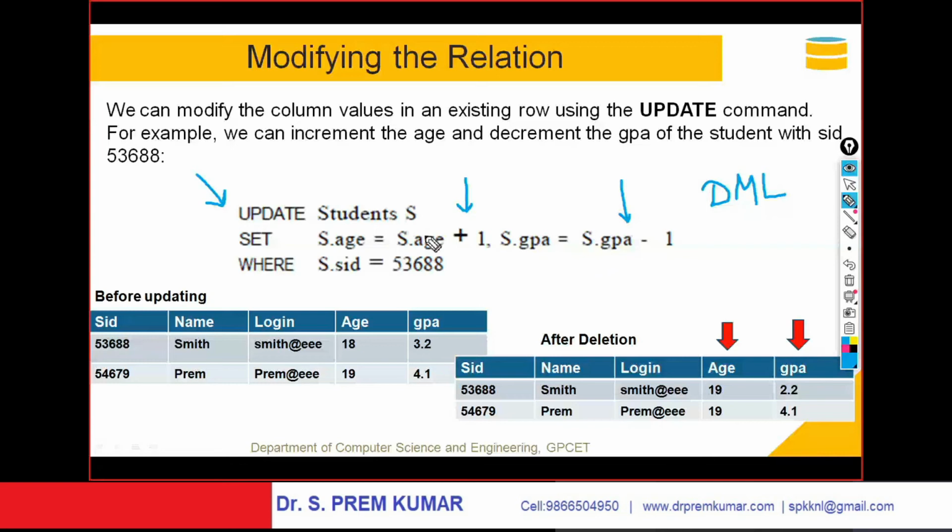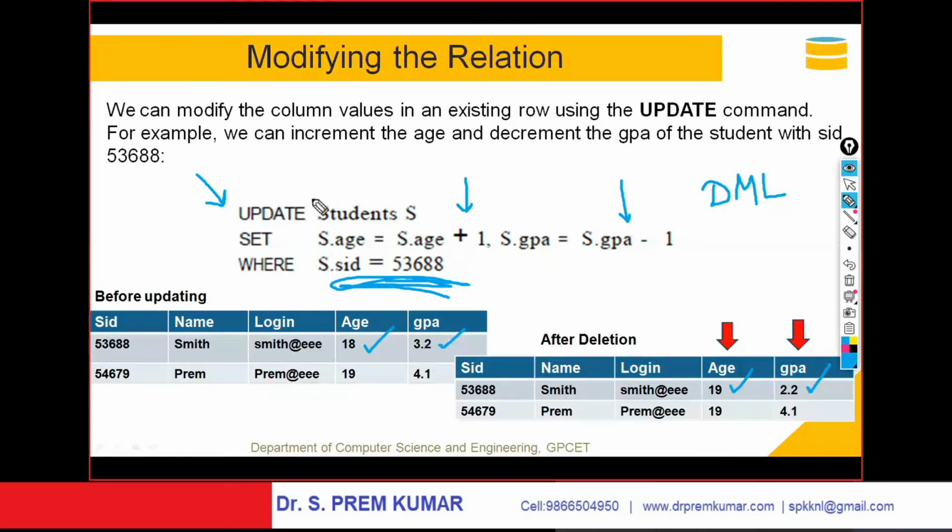For whom am I doing this? Whose student ID is 53688. You observe here, previously the age is 18. After updation, age became 19. The GPA was previously 3.2, now it became 2.2. The age got increased by 1 and GPA got decreased by 1.